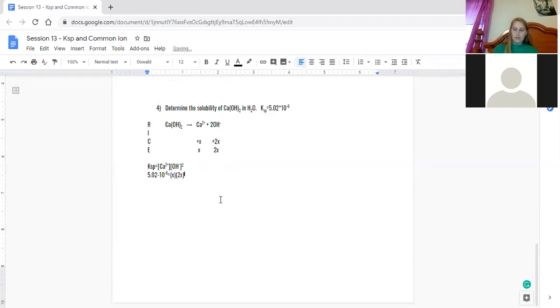Okay, so we're going to solve that. So we're going to end up with x times 2x squared, so 4x squared, which is going to be equal to 4x cubed.